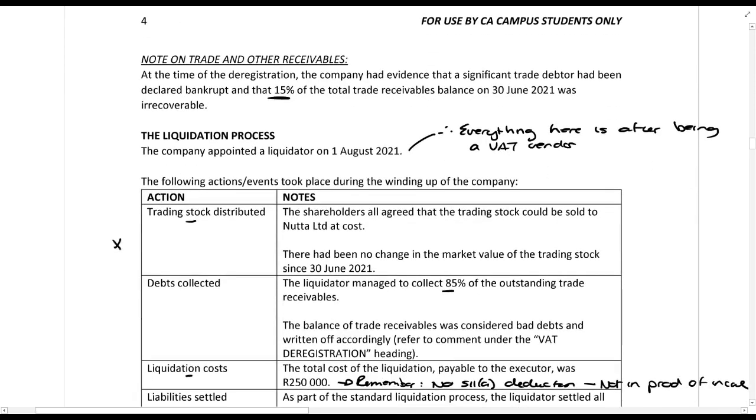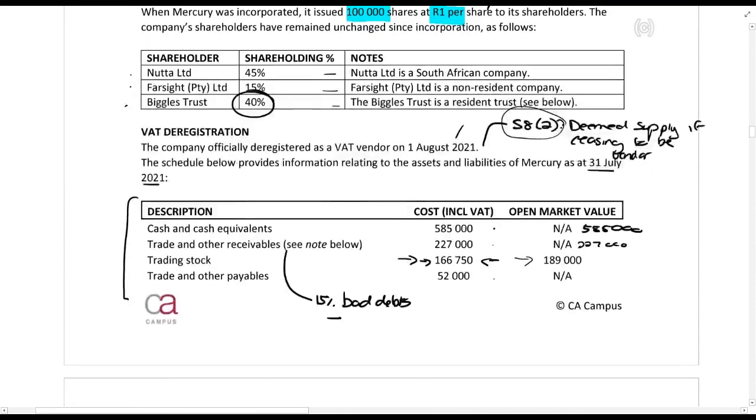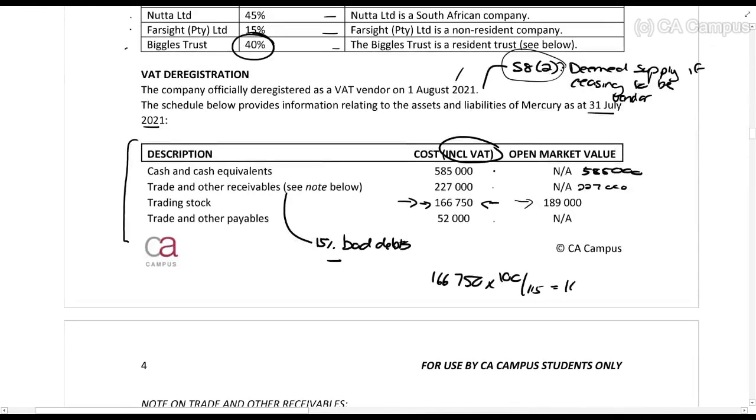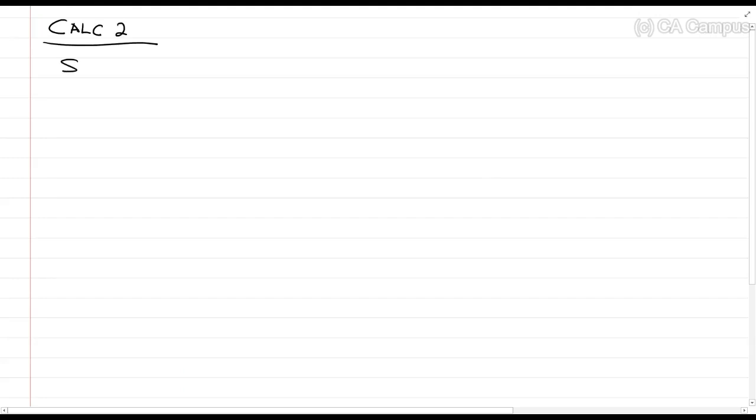So let's go through it. The first thing here we can see is that there was trading stock that was sold at cost. Now the cost of the trading stock, remember this includes VAT, so that's not correct. But if you say 166,750 times 100 over 115, it will give you this 145,000 there. I know this is not IFRS compliant or anything like that, but that's fine.